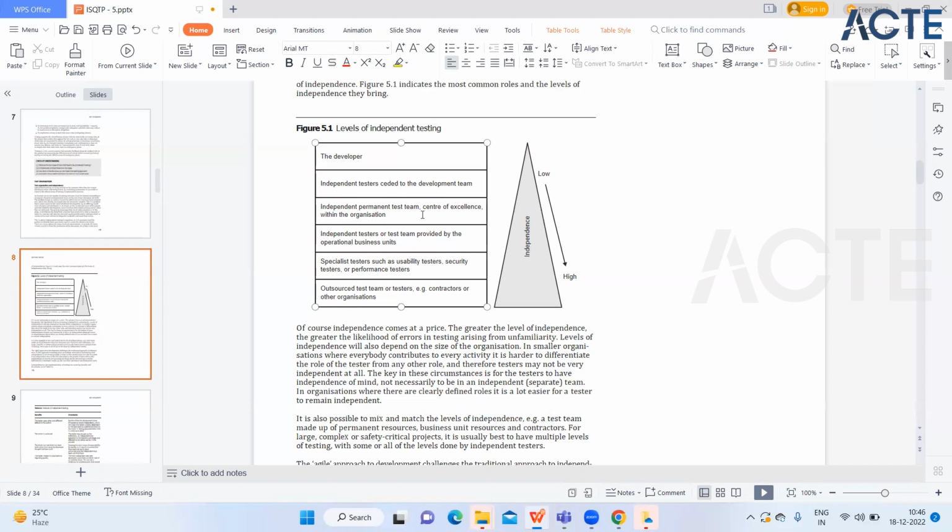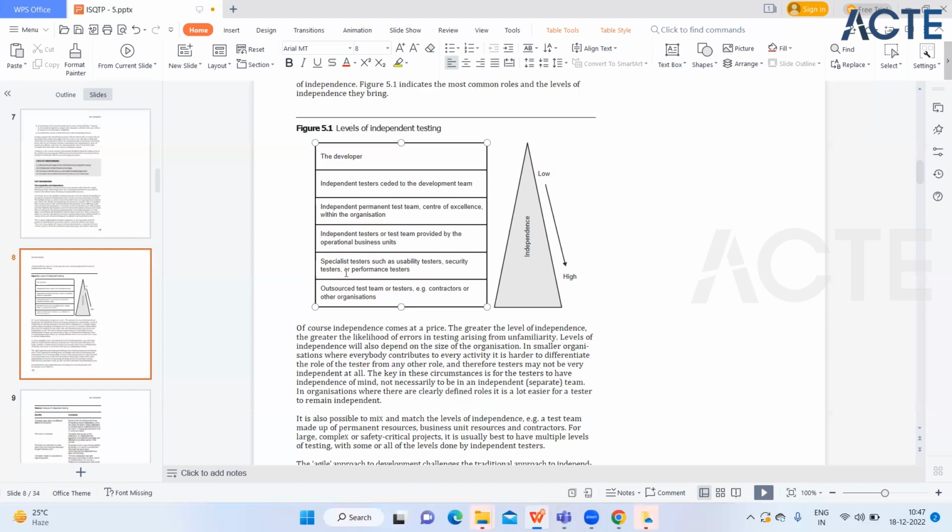Now we have tested that, and we are providing our work to another team in the same organization. After that, independent testers or a test team provided by the operational business units. There will be some other operational business unit with independent testers or a test team, and we provide the code to check how things are working.